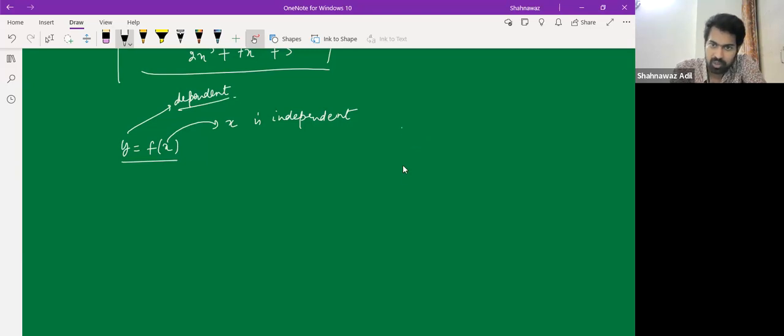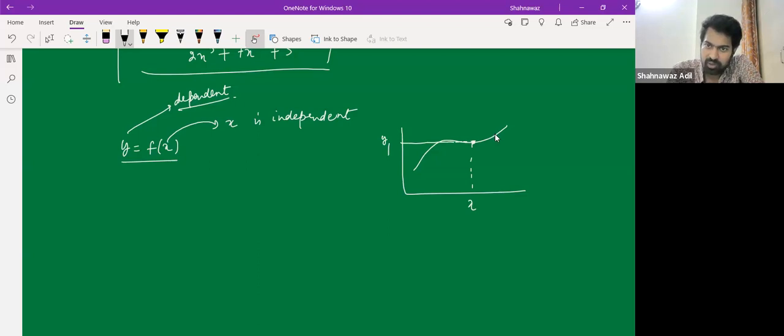Let's say we plot the variation of y as a function of x. So this is the graph, and I have this point x1, which gives me the corresponding point y1.